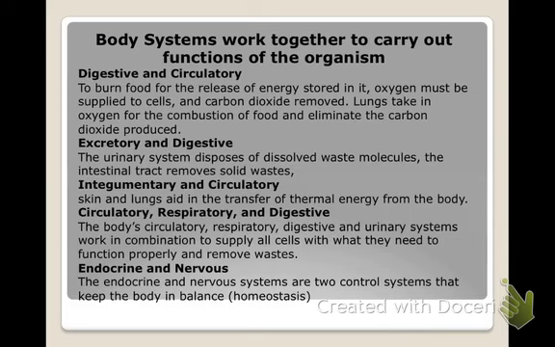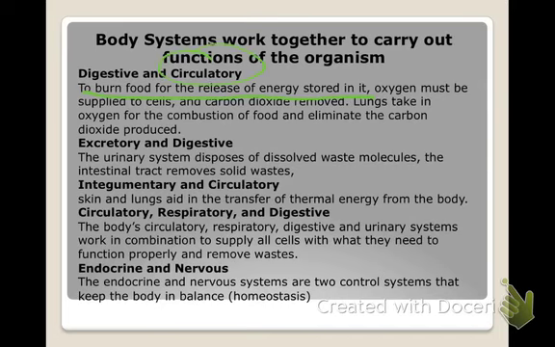All right, so now that you know what all the different systems do, what you have to know is how these systems work together to help make an organism function. So the digestive system and the circulatory system, obviously, work together. The digestive system is going to burn food for the release of energy stored in it, but we can't get that energy to our cells without the circulatory system.